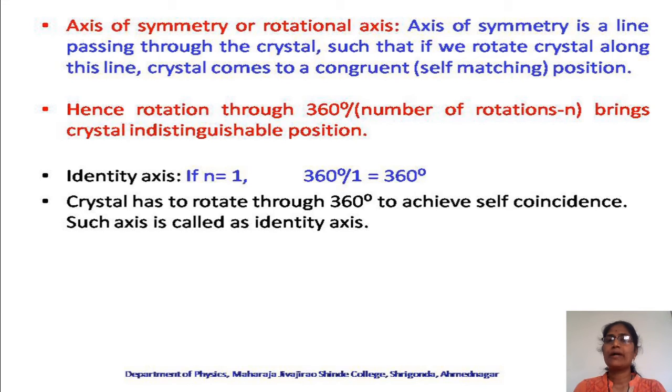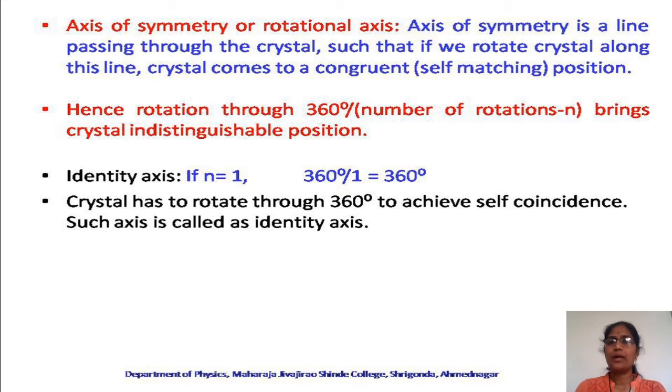In order to find the number of axes of symmetry present in a crystal, suppose we rotate a crystal through 360 degrees divided by the total number of rotations n, then how many times the crystal will match gives us the quantity of axes of symmetry. In order to find that, let's substitute n equal to 1.